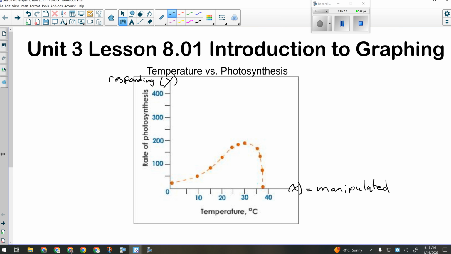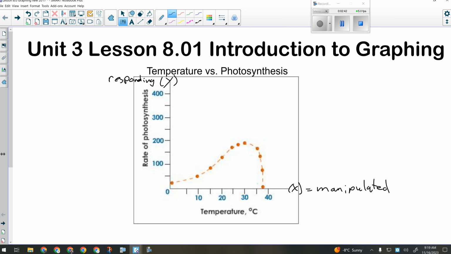So in this experiment here, what's the manipulated variable? Temperature. What's the responding variable? Rate of photosynthesis. Now, there's one mistake with this graph. The temperature in degrees Celsius. Up here, we got a good title, temperature versus photosynthesis. There's a label on the y-axis.